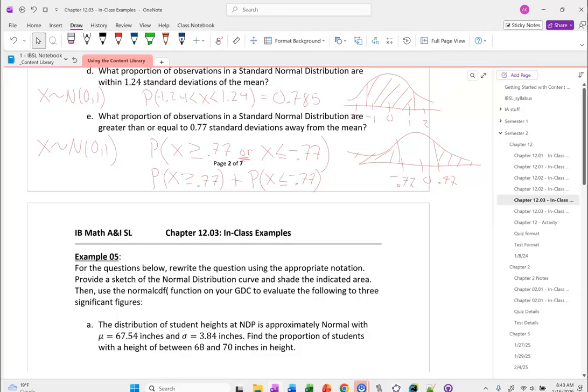Right, for one of them, correct? Yeah, and then multiply by 2. Okay. 0.441. Great.